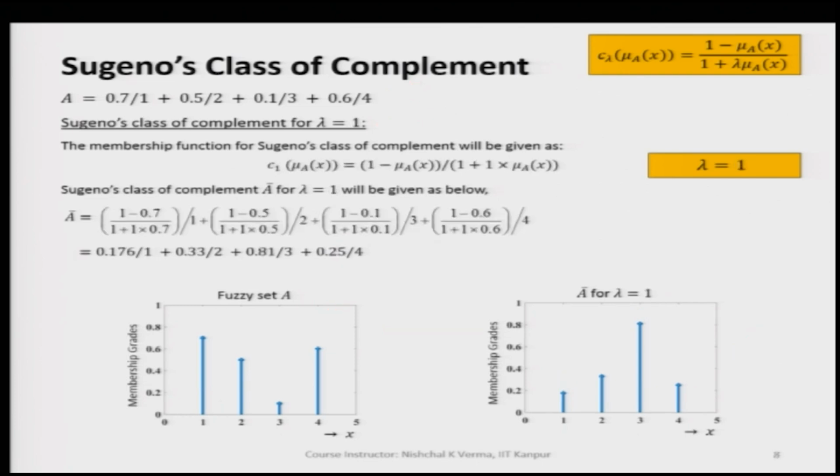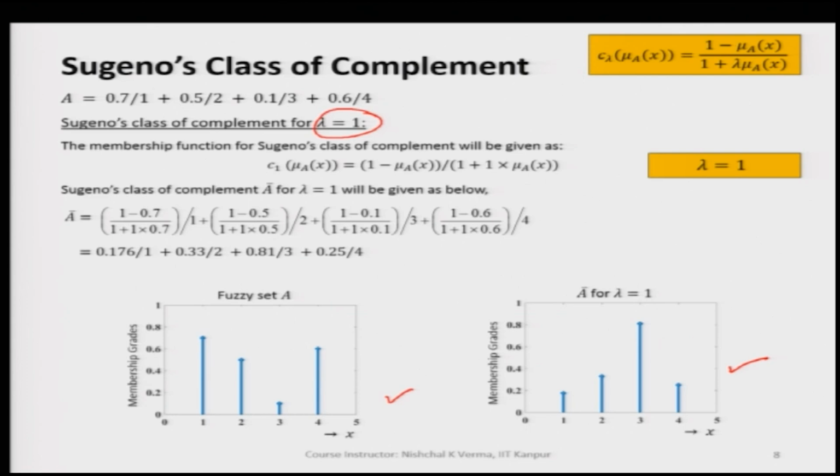Similarly, when we take lambda equal to 1, let us see what we are getting here. This is also shown here that A bar is the complement of the fuzzy set A for lambda equal to 1.